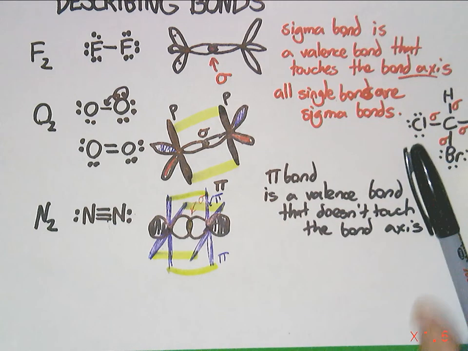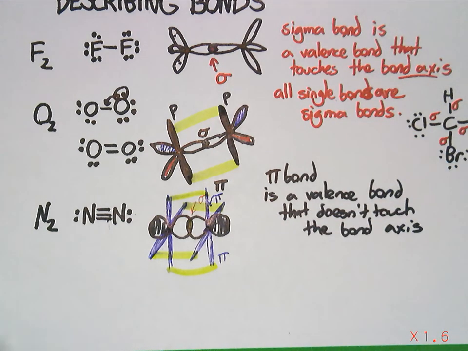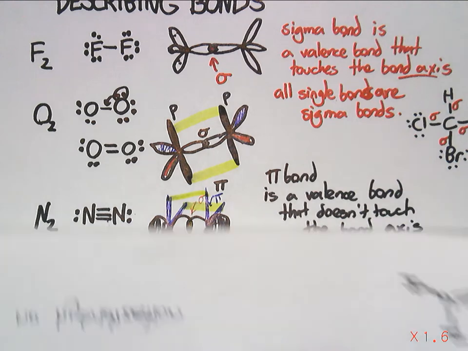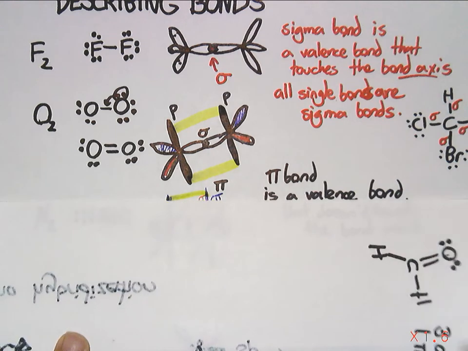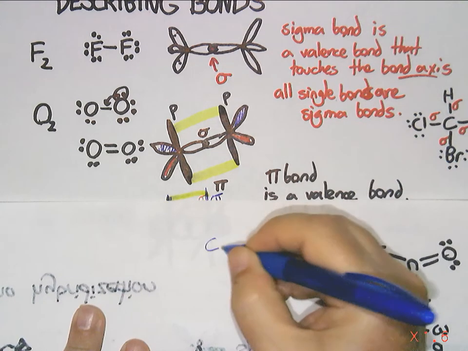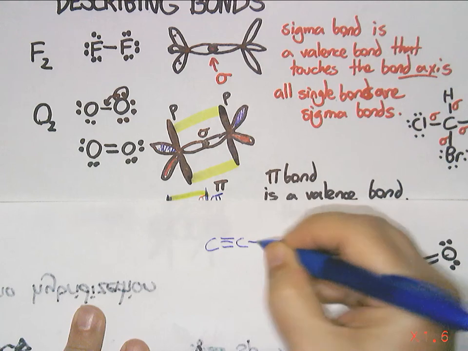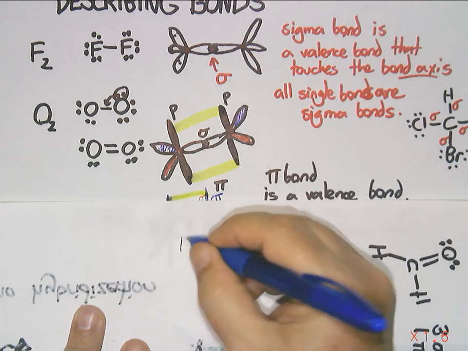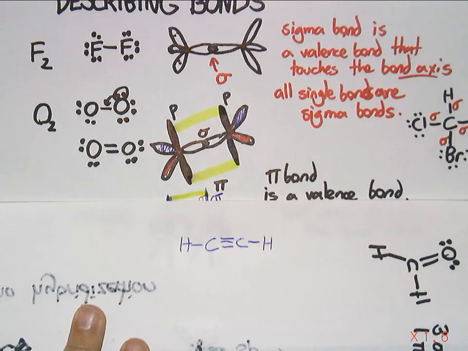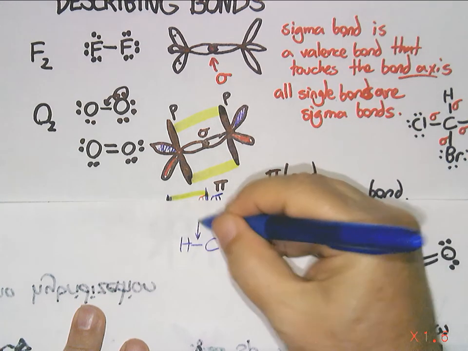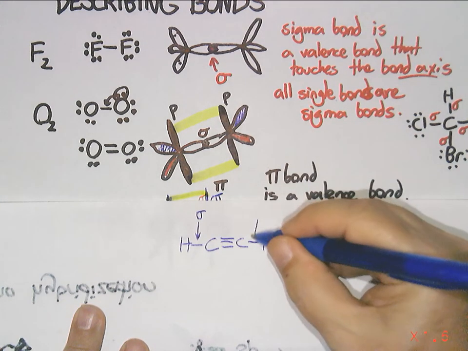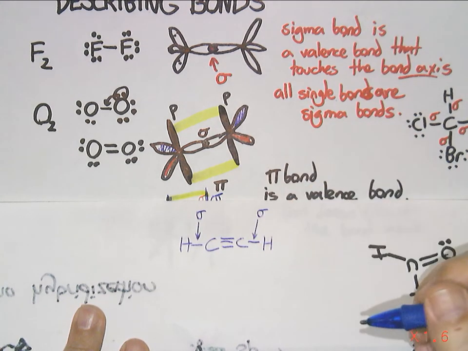So let's do another example. Suppose I've got this molecule, and I ask you, how many sigma bonds and how many pi bonds do you have? You'll say, well, a single bond is a sigma bond, so there are 2 sigma bonds like that.